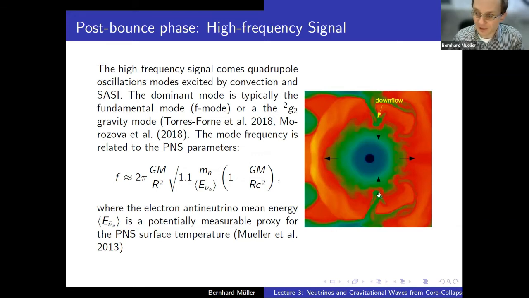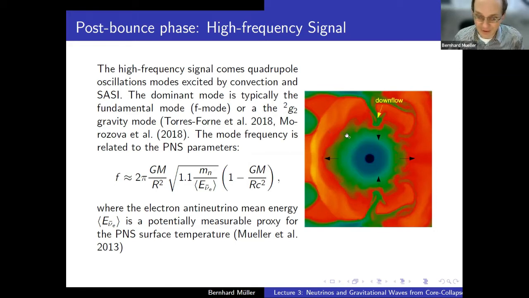In technical terms, that's an oscillation mode, and the restoring force for the oscillation mode is primarily buoyancy. The mode that is primarily excited and gives rise to most of the gravitational wave emission is either the protoneutron star fundamental mode, the F mode, or one of the low order G modes.